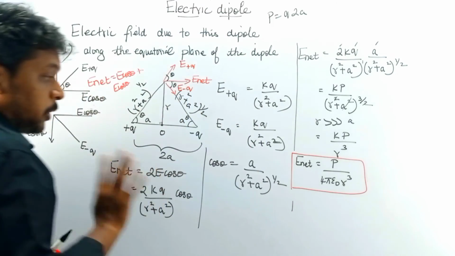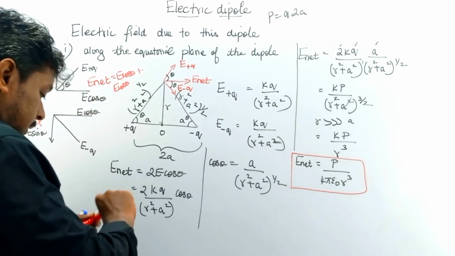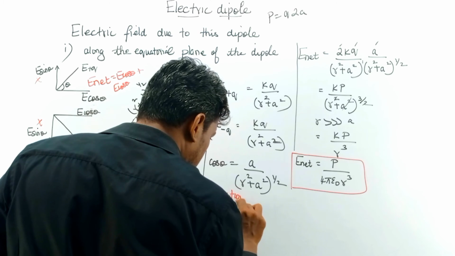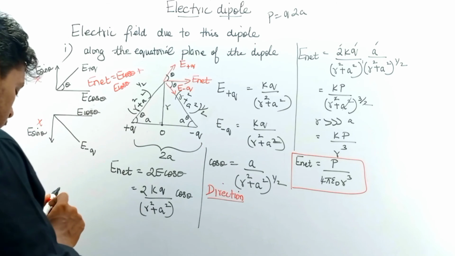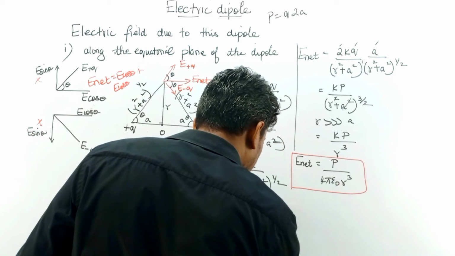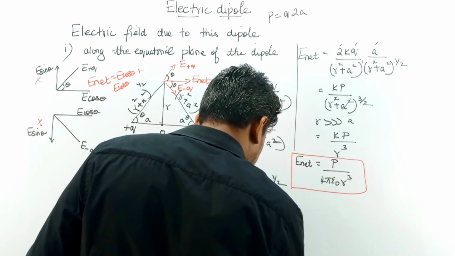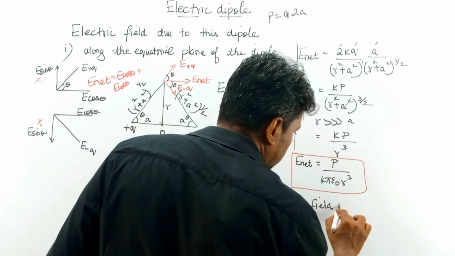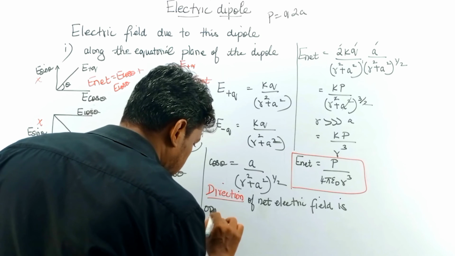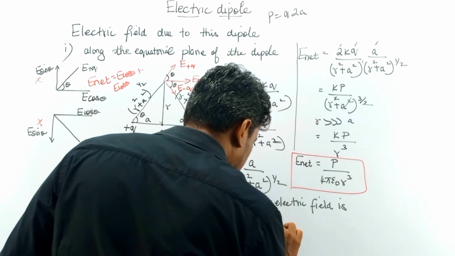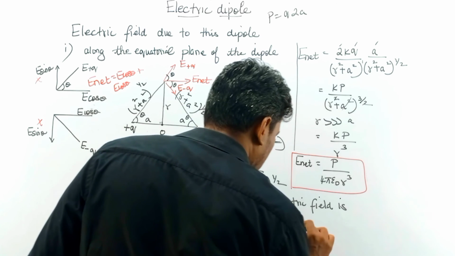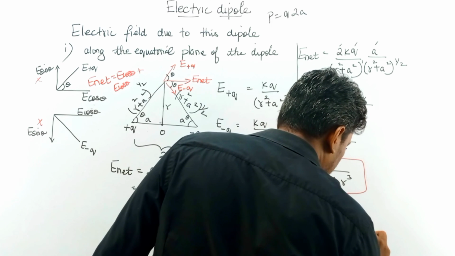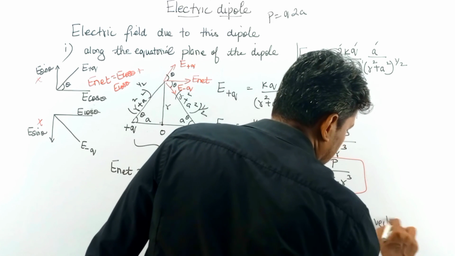With respect to direction, the direction of the net electric field is opposite to the direction of the dipole moment vector.